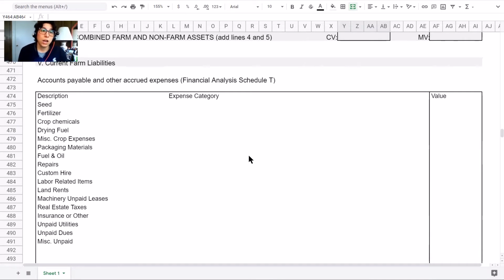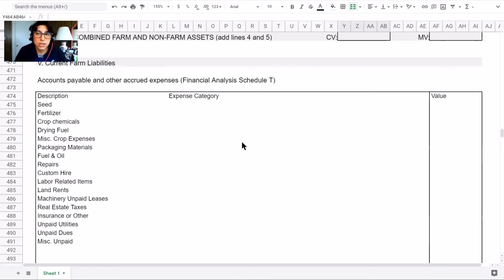Okay. Current farm liabilities. Like we said before, liabilities are also split into current, intermediate, and long-term. And current farm liabilities are those due and payable on demand or within the operating year. These include commodity credit and operating loans, accounts payable, and accrued expenses.